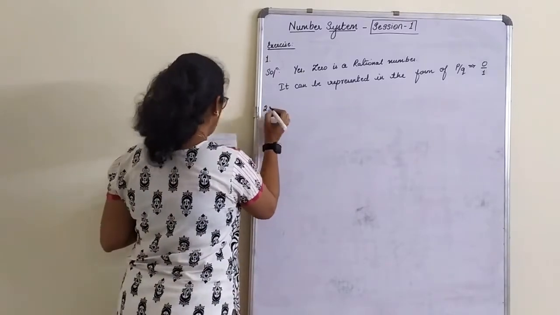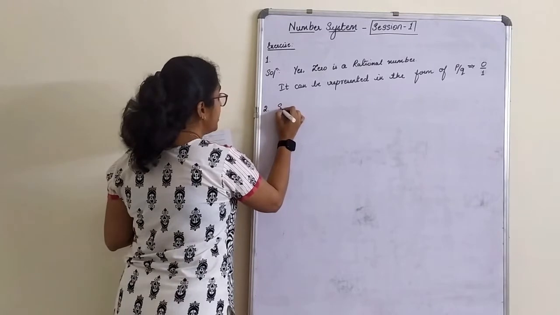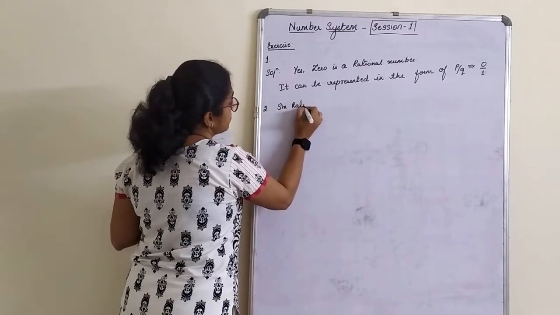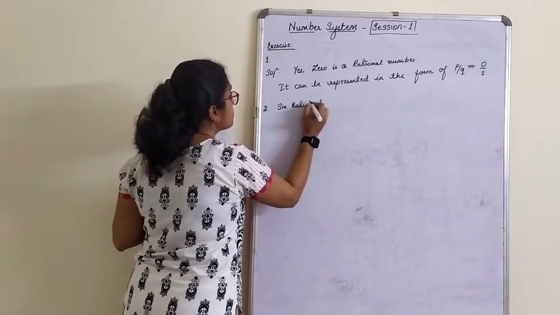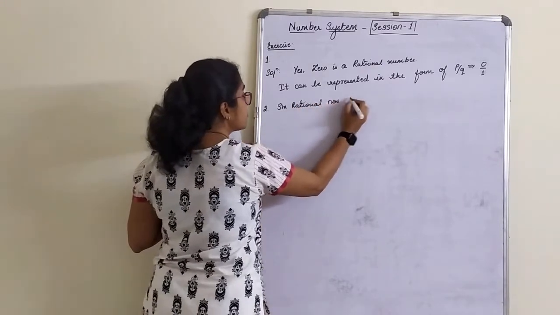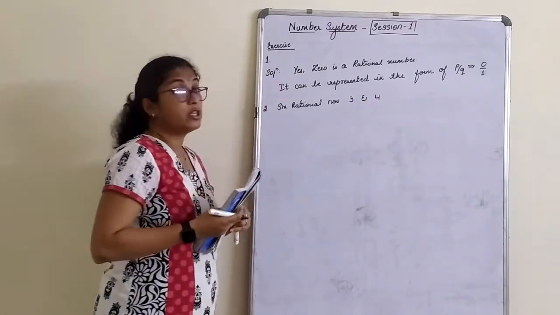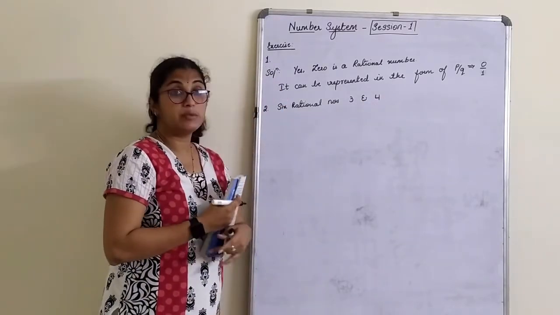Second one. Find 6 rational numbers between 3 and 4. See children, there are two methods here to find numbers between 3 and 4.